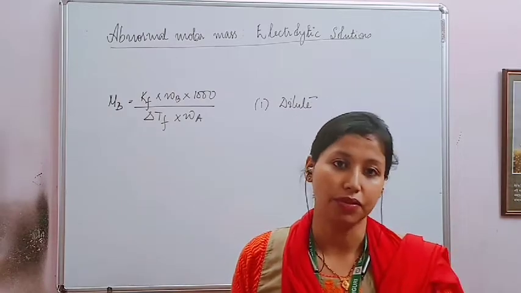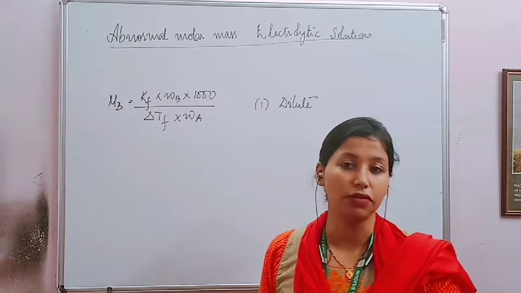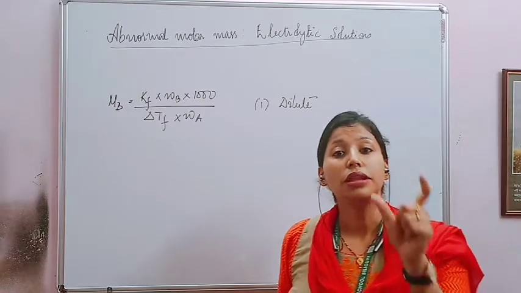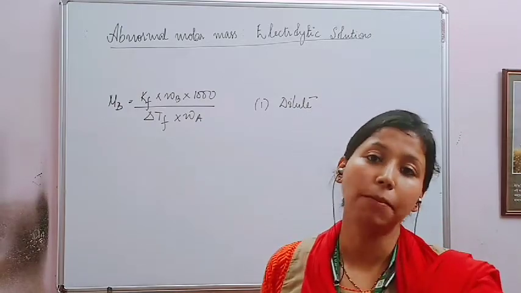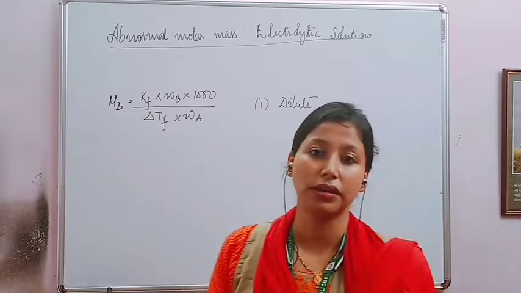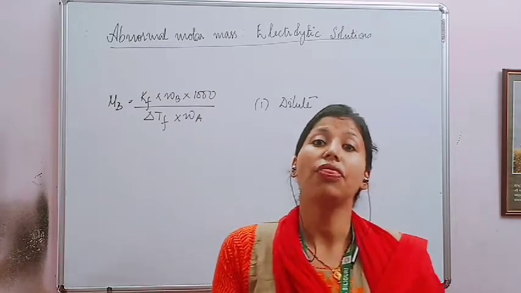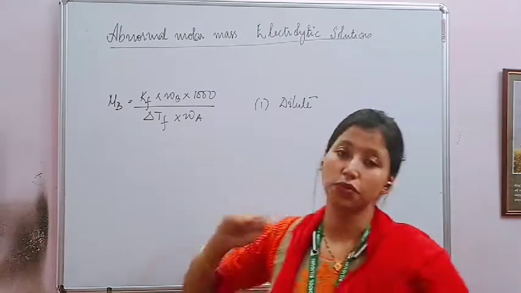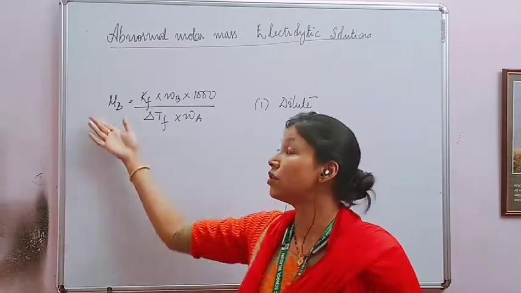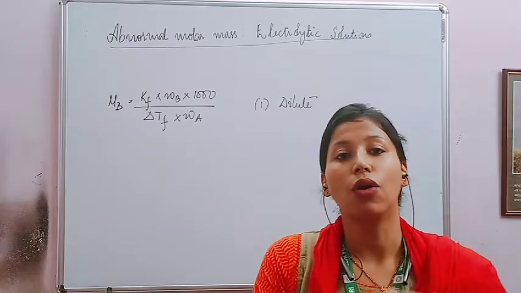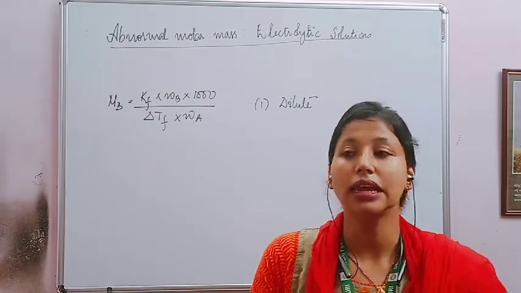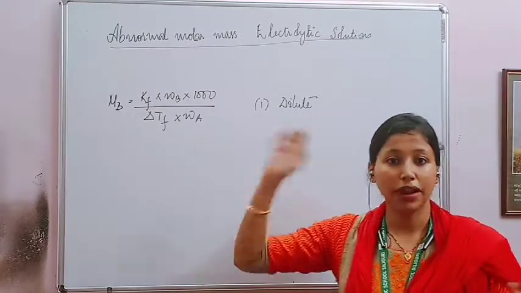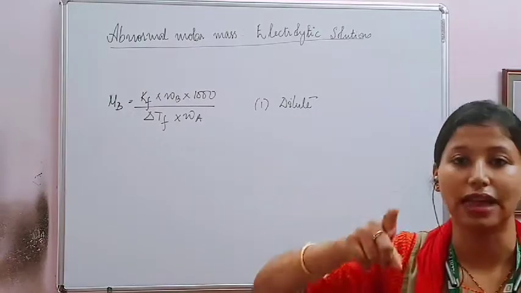And if this happens, the colligative properties will not depend only on the number of solute particles, but will also start depending on the nature of the solute particles. So in that case, the molar masses that you get are not correct. So the first criterion to get correct molar masses is that your solution should be dilute.